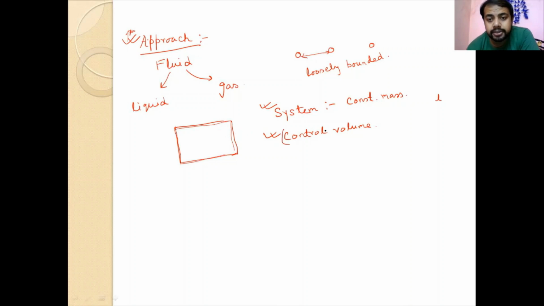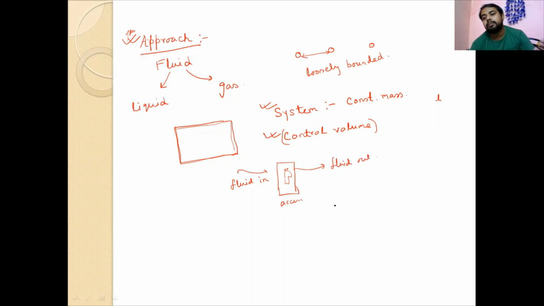Whereas in the control volume approach, we choose one part, one volume. Over the volume, if there is any fluid flow, some fluid is coming in, some accumulation is taking place, and some fluid is going out. So fluid in, some accumulation, and fluid out.